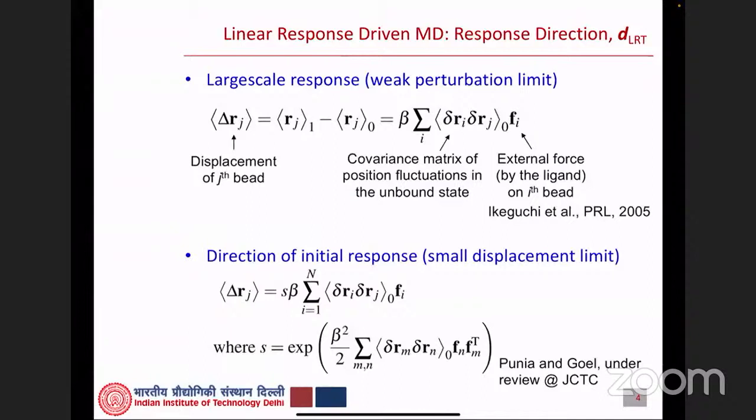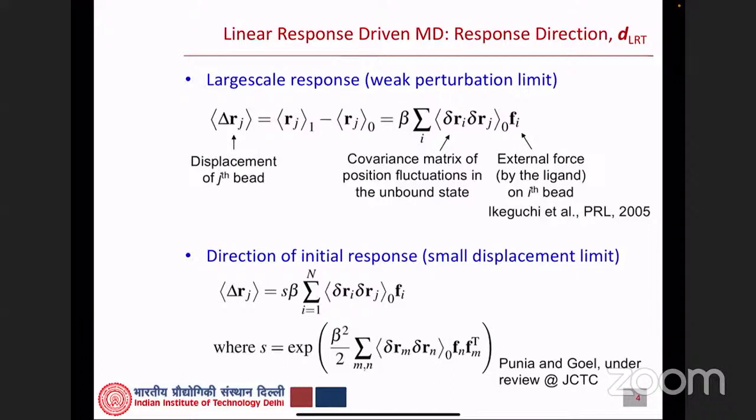Now I will introduce the methodology. It is a little bit technical in terms of how we developed this approach. It is based on linear response theory, which, at least in terms of being applied to proteins, had one of its initial examples by Ikeguchi and co-workers in 2005.